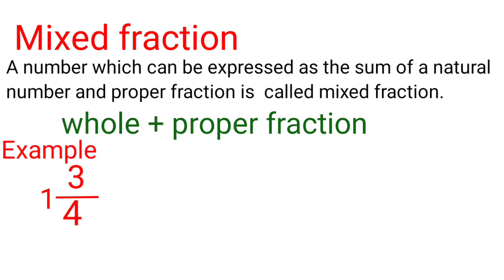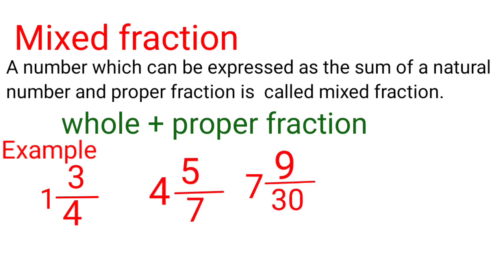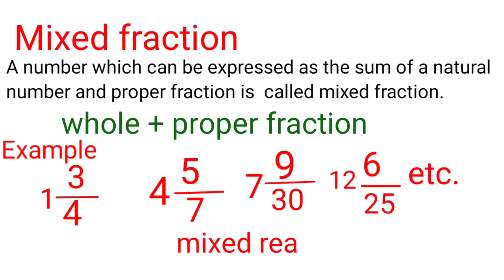Here 1 is a whole number and 3 by 4 is a proper fraction, and 1 whole 3 by 4 is a mixed fraction. Next examples: 4 whole 5 by 7, 7 whole 9 by 13, 12 whole 6 by 25, etc. All are mixed fractions.